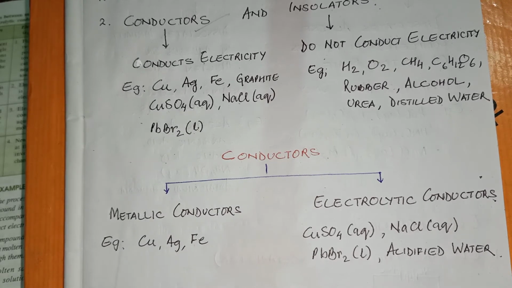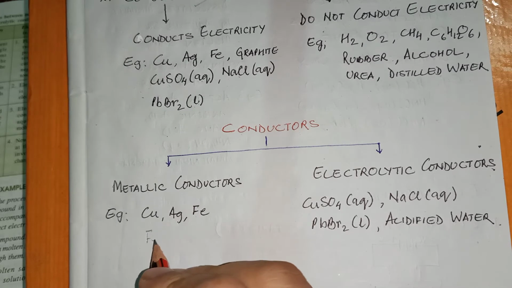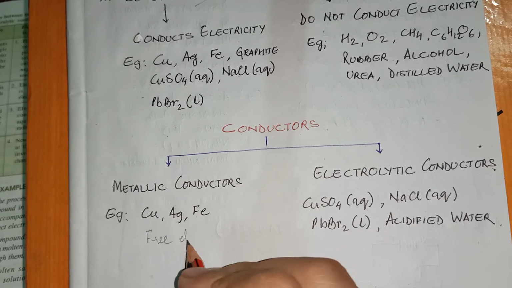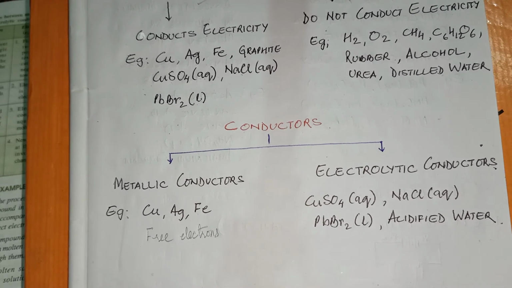These metallic conductors conduct electricity due to the presence of free electrons. They have free electrons. Due to the presence of free electrons, they conduct electricity.